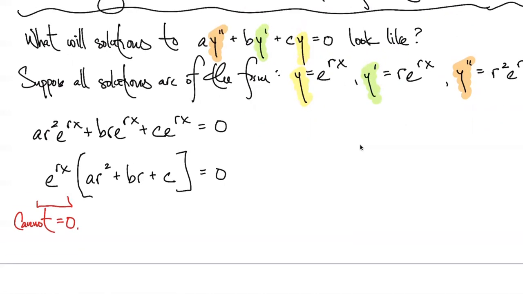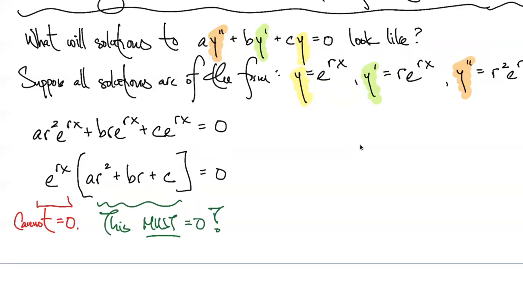Well, if this is going to be true, what do we know has to be true about the expression in the brackets? It has to equal 0. If one piece of this product cannot equal 0, then this must equal 0.